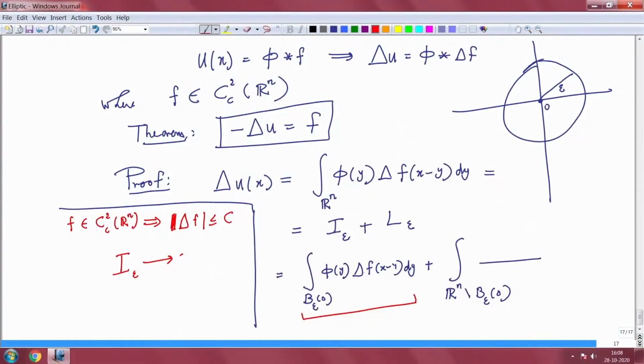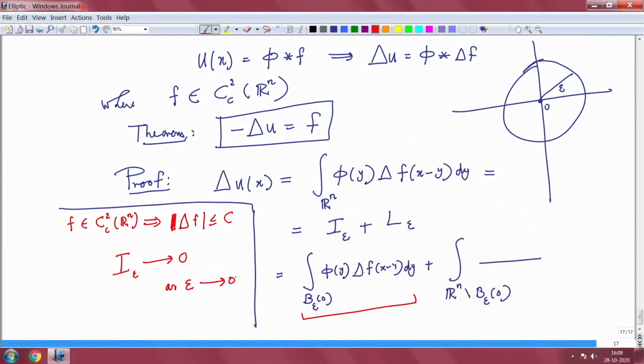When epsilon tends to 0, even though there is a singularity, that is the meaning of local integrability: as epsilon becomes smaller and smaller, the integral value becomes smaller and smaller. If it is not locally integrable, this will not happen. So I_epsilon will go to 0.